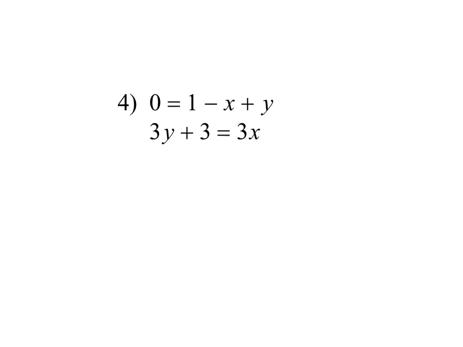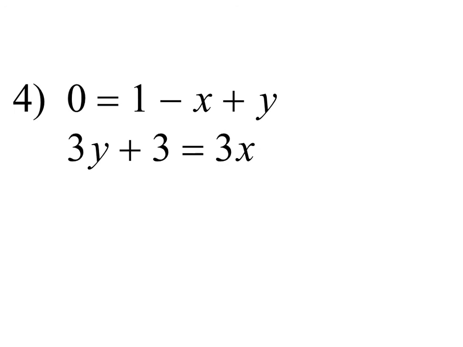So the first thing we want to do is line up our x's and line up our y's. So I'm going to move our x to the other side of the equation by adding x to both sides and then subtracting y on both sides. So our top equation is going to become x minus y is equal to 1.